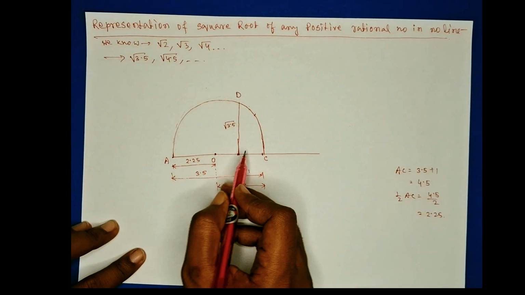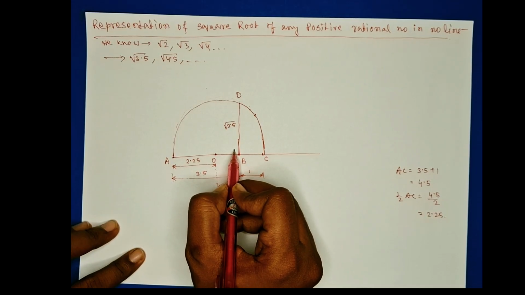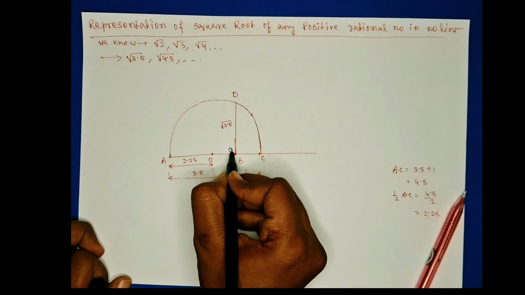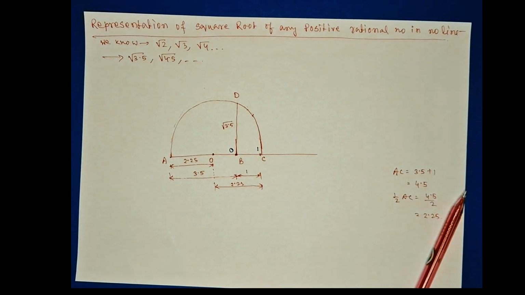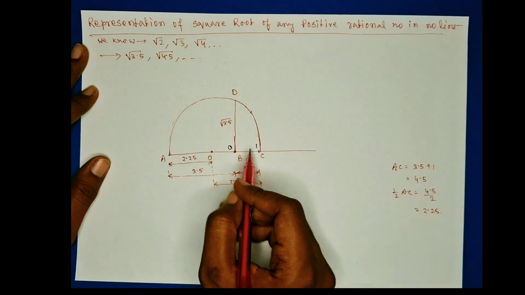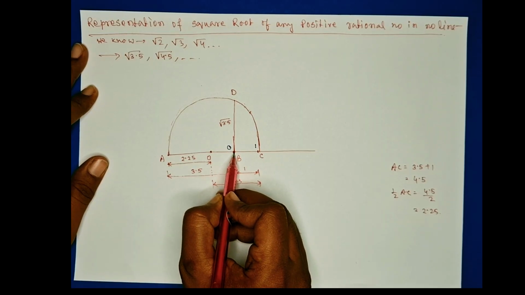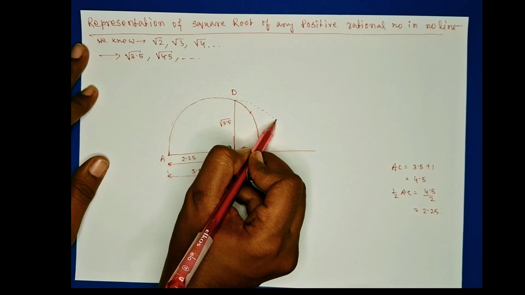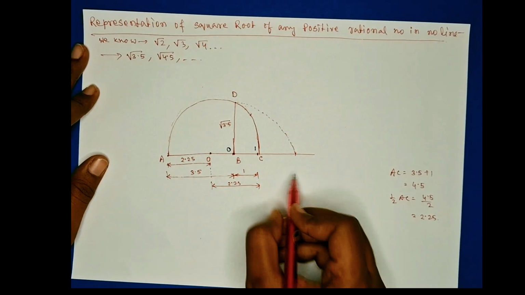Now if I want to put it on the number line, considering B as the origin, B is 0, and so point C will be equal to 1. So what I have to do, taking BD as the radius and point B as the center, I have to draw an arc, and I have to see where it cuts the number line.